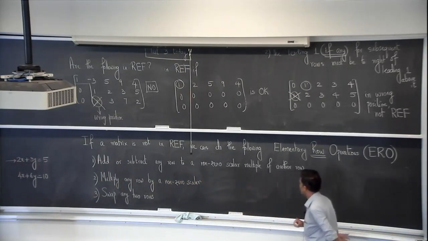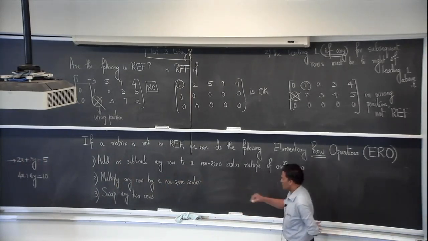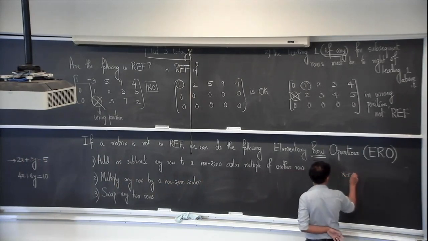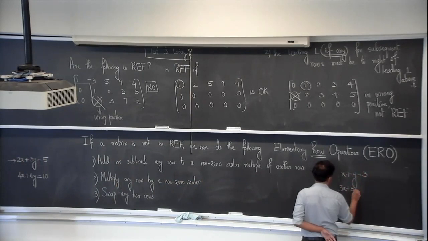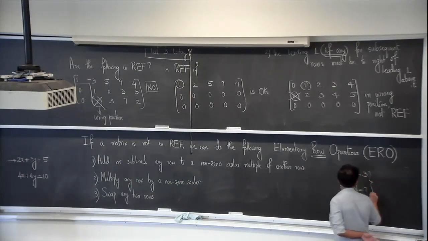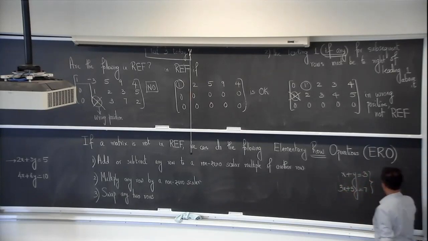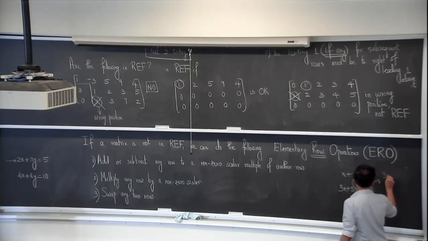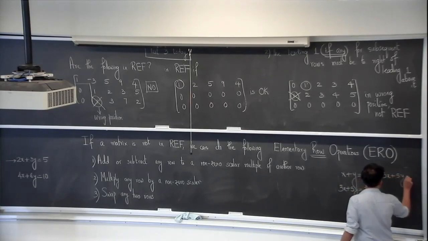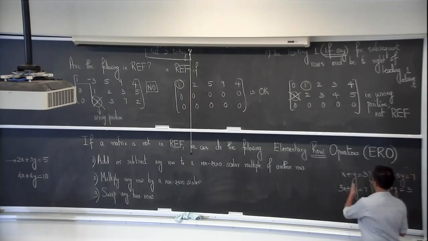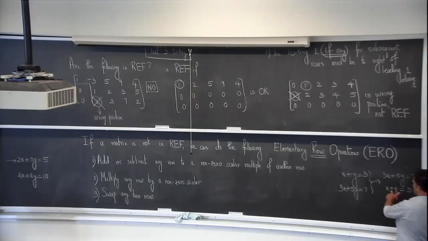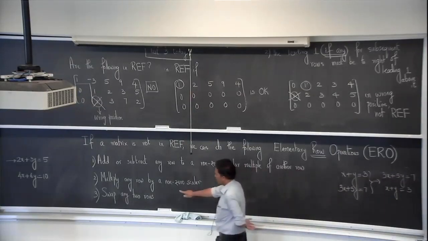The reason for number 3 to be true is because if you're given two equations like this, x plus y equal to 3 and 3x plus 5y equal to 7, nobody is stopping you from writing this first and that second. This is the same as writing 3x plus 5y equal to 7 and x plus y equal to 3. Whether you call this equation 1 or that equation 1, there's no difference, and that is why swapping any two rows is okay.